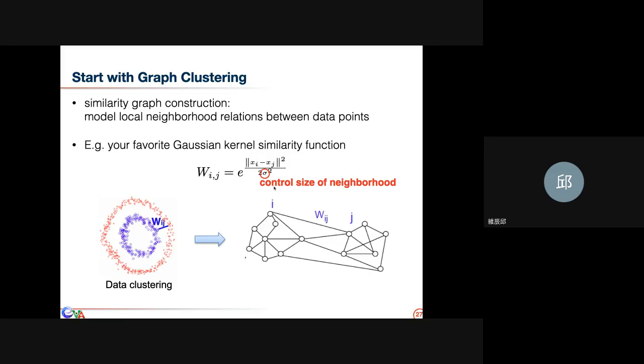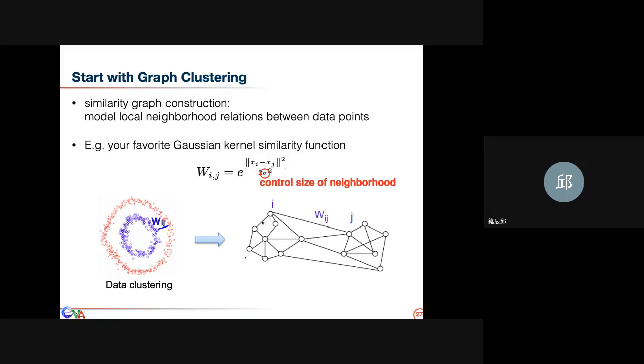When you use this kind of similarity function to describe the pairwise similarities between the data points, you can build out a graph, maybe this way.